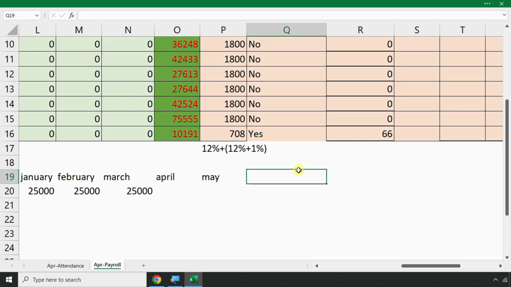Out of that extra 1%, EDLI, Employee Linked Deposit Insurance, is 0.5%, and the other 0.5% is EPF admin charges for the government in maintaining websites and all. So whatever employee spends 12%, the same amount plus extra 1% will be spent by the employer for PF.